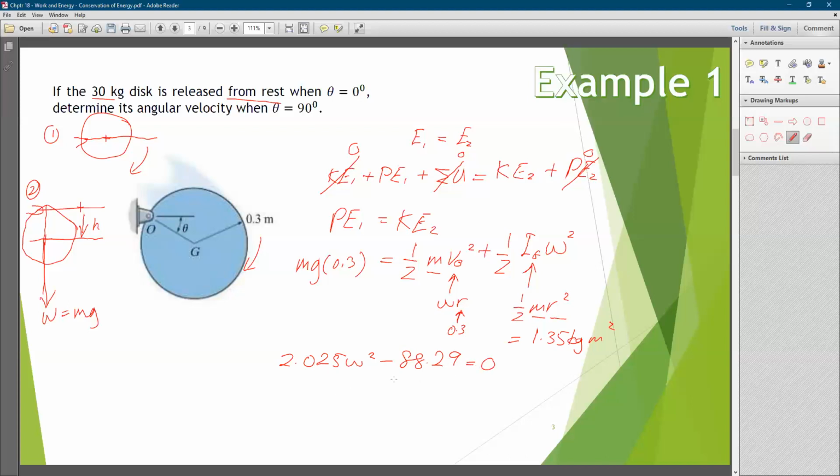Finally, solve this, take the square root of these things, so omega will be 6.6 radian per second. That's the answer. Thank you.